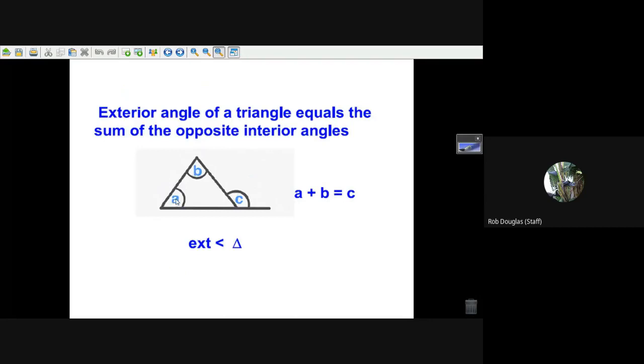If you take the opposite interior, the opposite ones on the inside, they always add up to equal the exterior angle. Now, if you ever use this idea, like say you know that this is 60 and that's 60, then this one would have to be 60 plus 60. It would have to be 120. If you ever use it, you just have to write down the exterior angle of the triangle, and that's it.